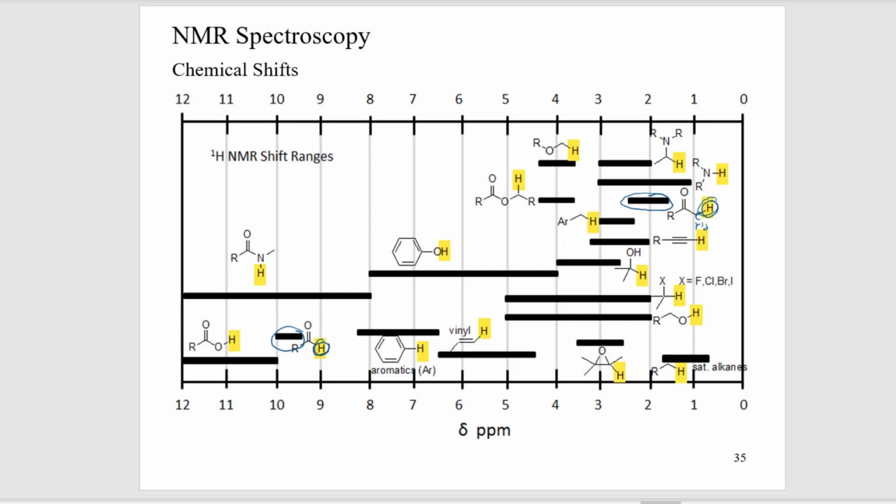The ranges vary very differently, right? Because of their proximity to the electron withdrawing group. A hydrogen on an oxygen is in this range, but a hydrogen on a carbon on an oxygen is in this range. They overlap.